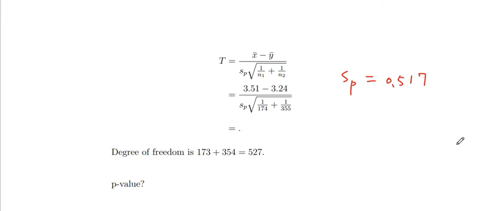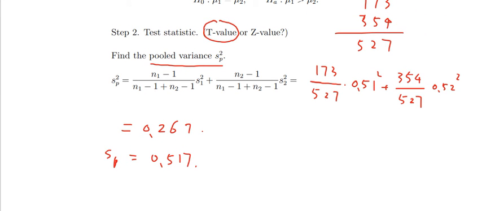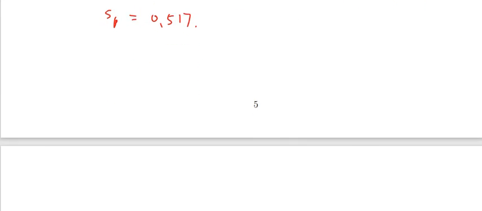After a little bit of calculation, we found this equals 5.64. Okay, so the degree of freedom is thus 527.